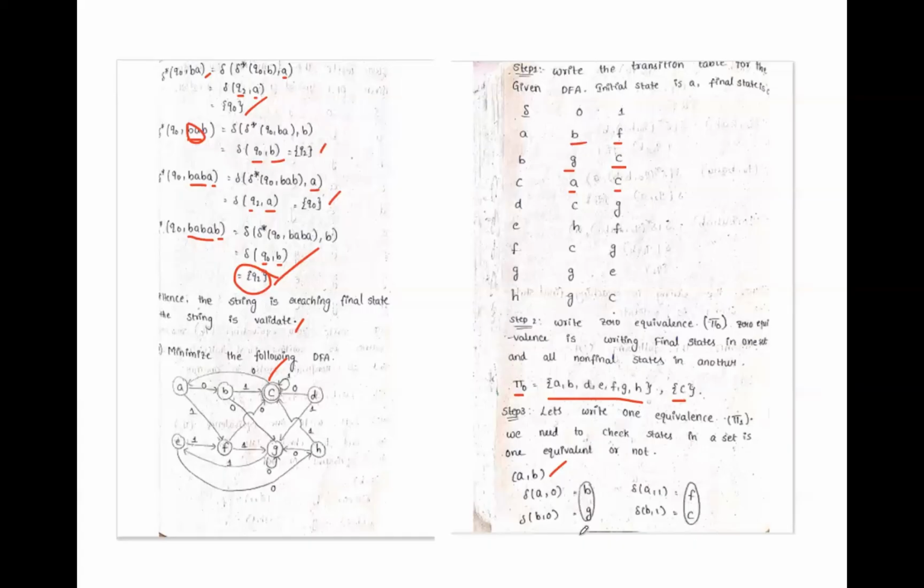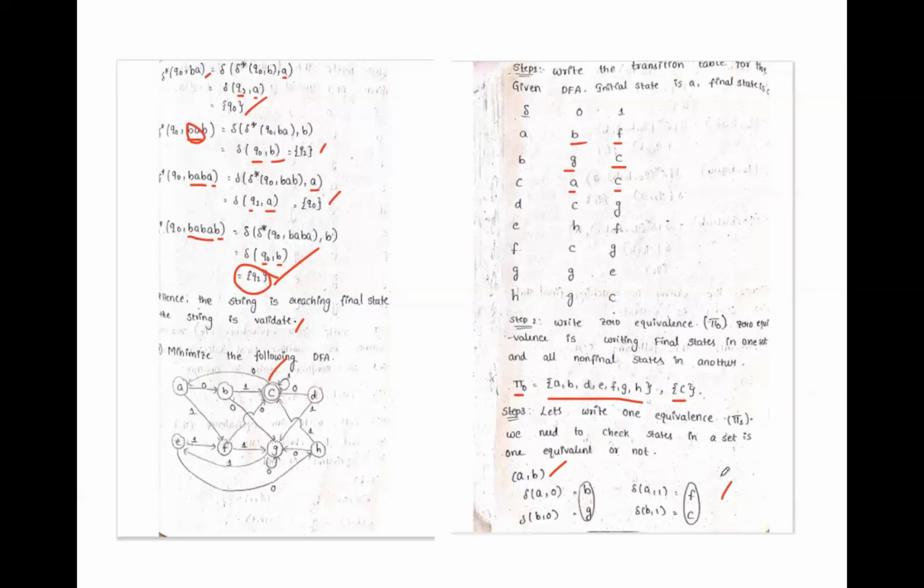Okay, now you need to check this. You need to check whether both B and G are present in the same set or not. Here you can see in pi naught B and G are present in the same set. Now you need to check F and C. Here F is present in one set and C is present in another set.